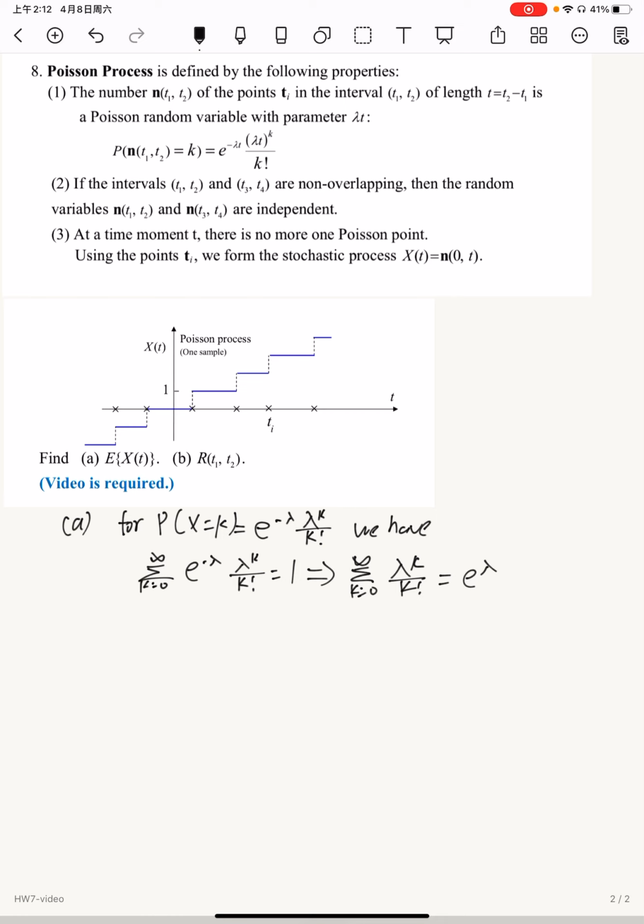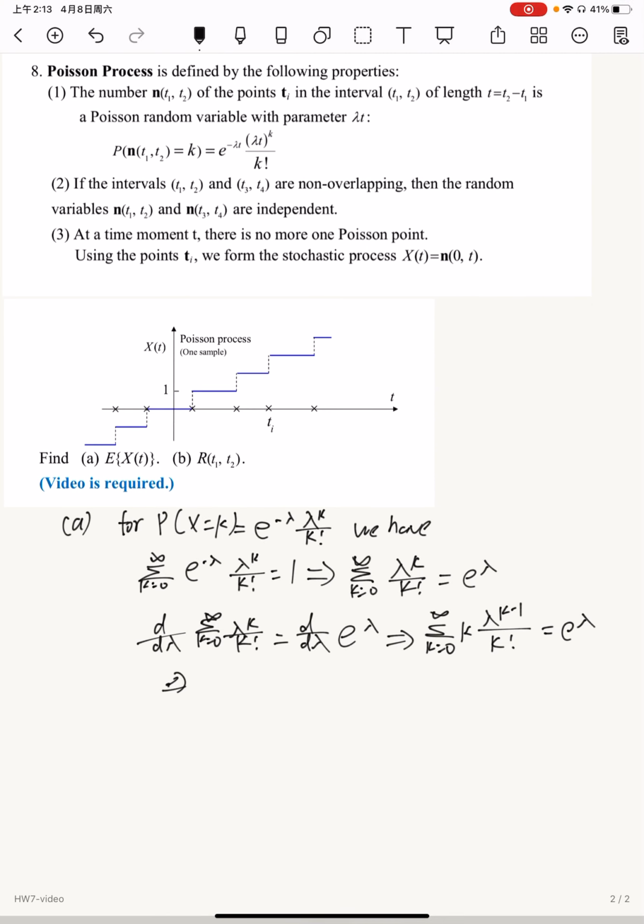with respect to lambda, which equals the sum from k equals 0 to infinity of k lambda to the k minus 1 over k factorial, which equals e to the lambda.